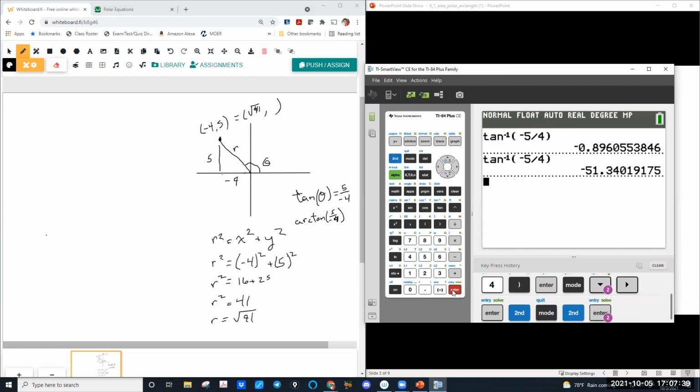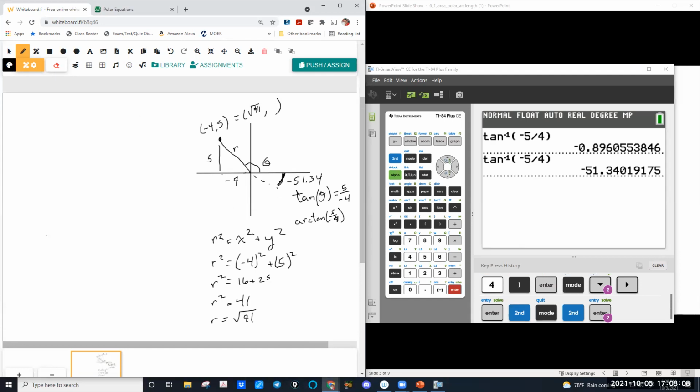In degrees, that's negative 51.34 degrees. Measured from the positive horizontal, that puts me here. That angle there is our negative 51.34 degrees, or negative 0.896 radians. We're not in the fourth quadrant, so it's really important that you know what quadrant you're in.